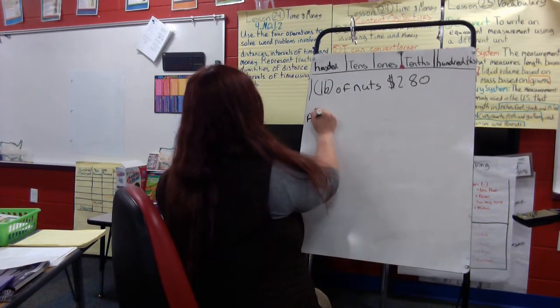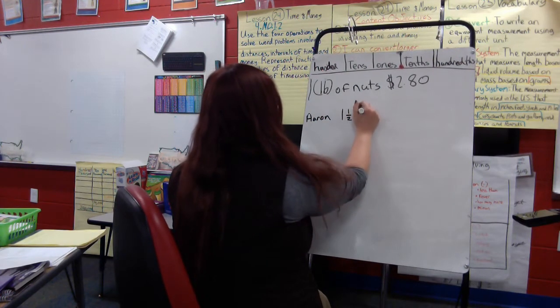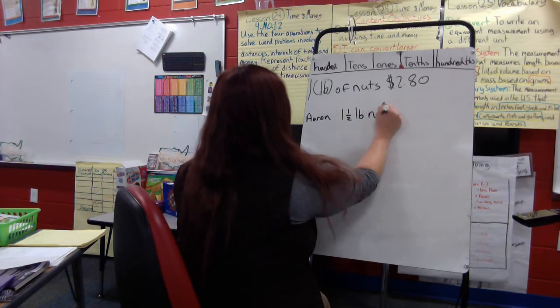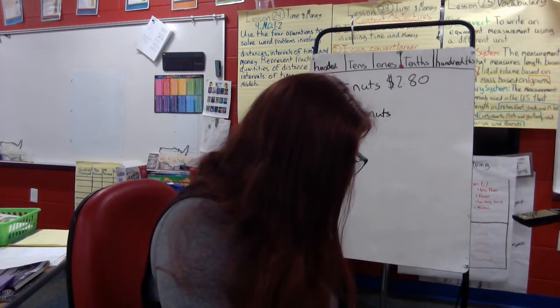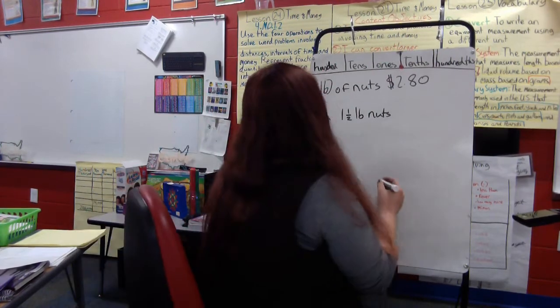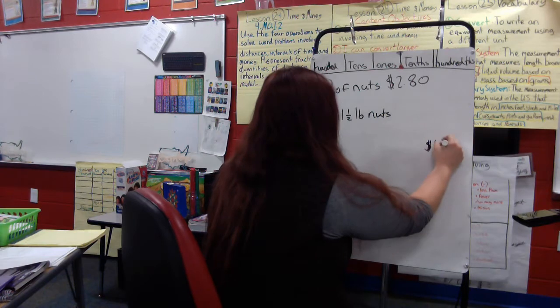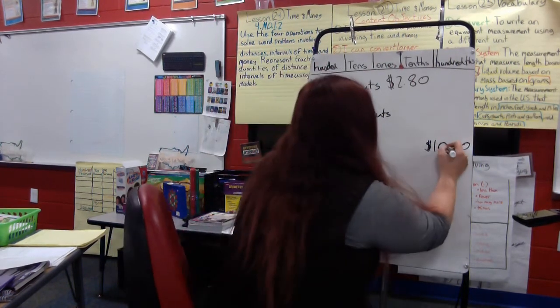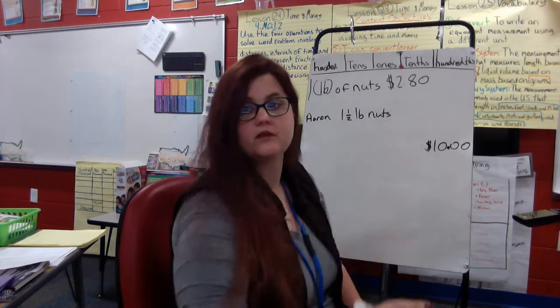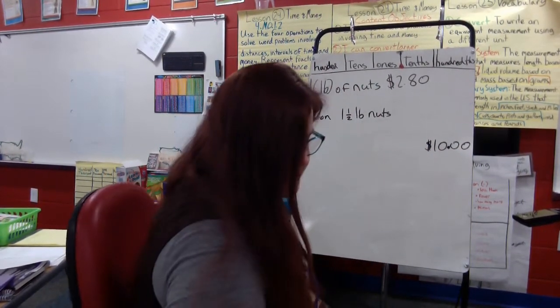So Aaron bought 1.5 pounds of nuts. He gave the clerk a $10 bill. All right, so this is what he gave the clerk. This is what he's paying with. A $10 bill. Can't really see my decimal point. There it goes. All right. He gave it. How much change did he get?